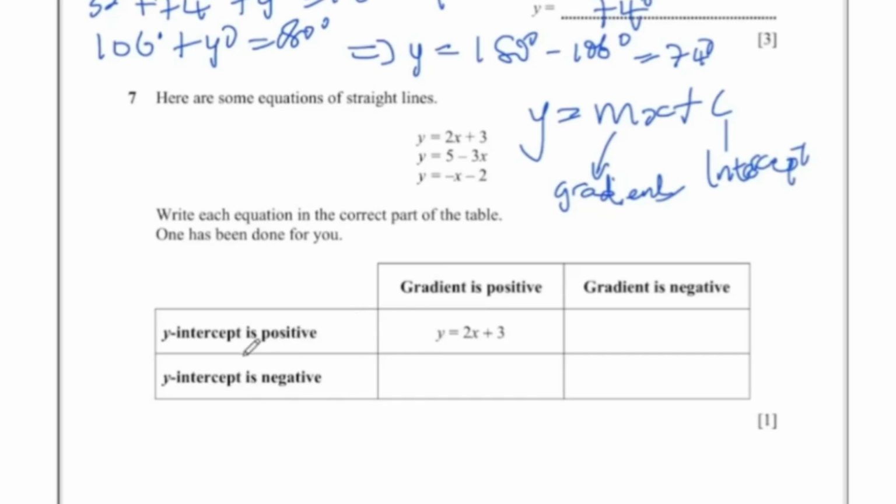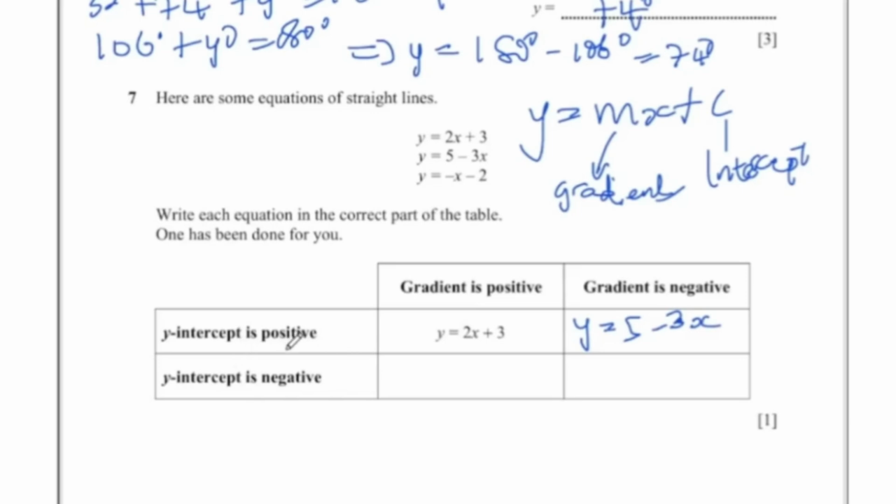The positive intercept: y equals 2x plus 3, the gradient 2 is a positive number, so that's why we put it here. This one, 5 minus 3x, we're going to write it here because the gradient is minus 3, it's negative. Now let's look at the second one.